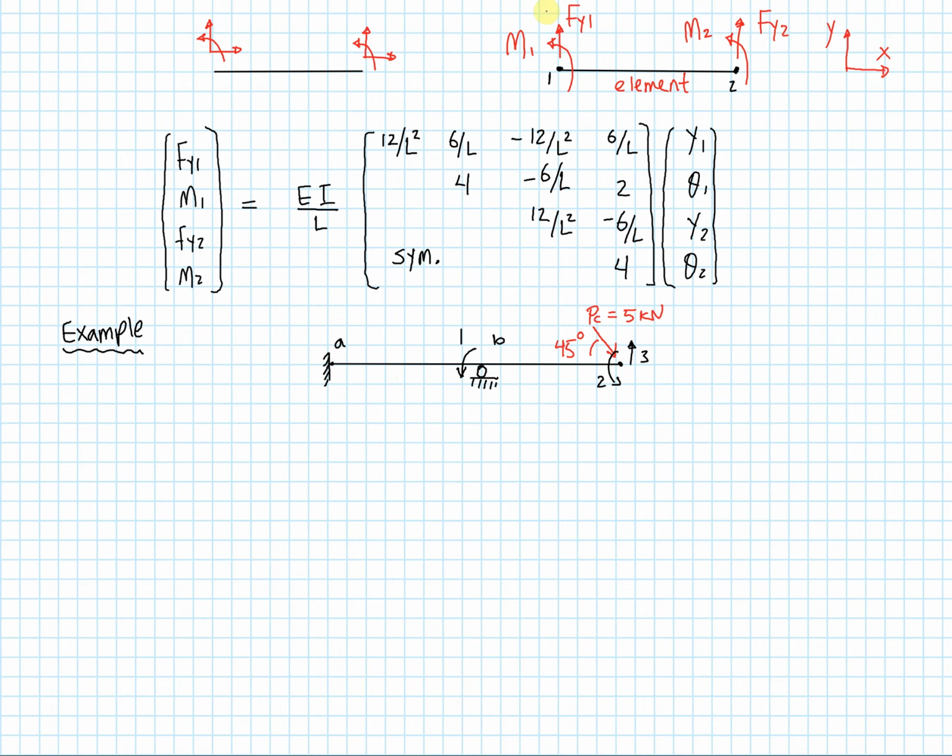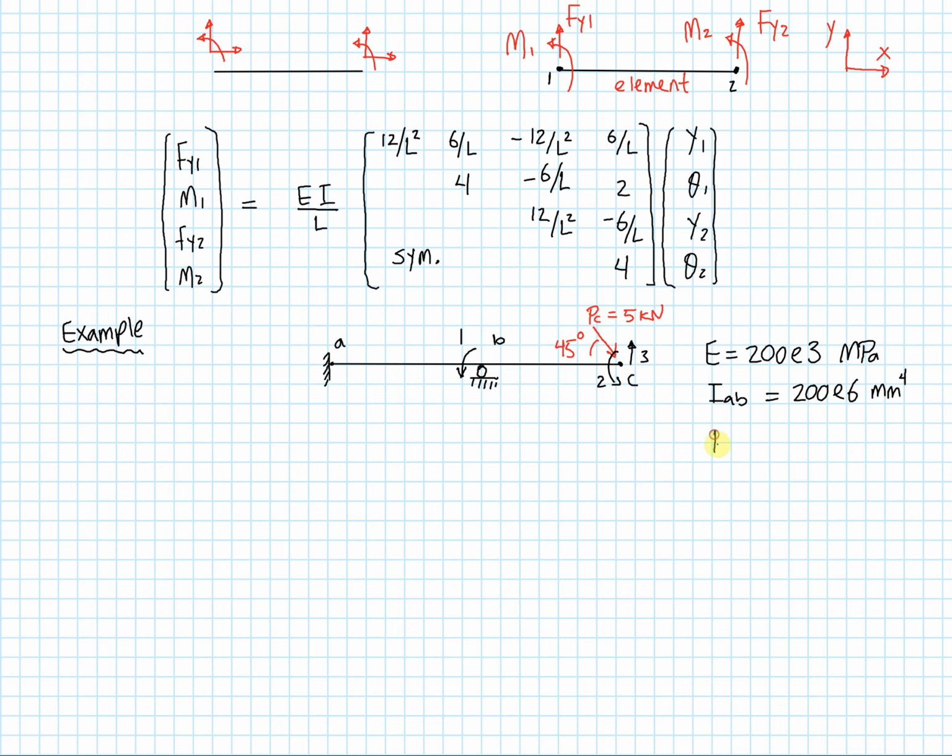So the last component that we're interested in is the structural properties. The elastic modulus is given as 2 times 10 to the power 3 megapascals. So I'm assuming this is a steel component. I_AB is equal to 200 times 10 to the power 6 millimeters to the power 4.